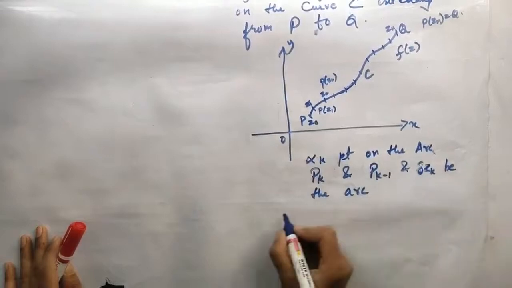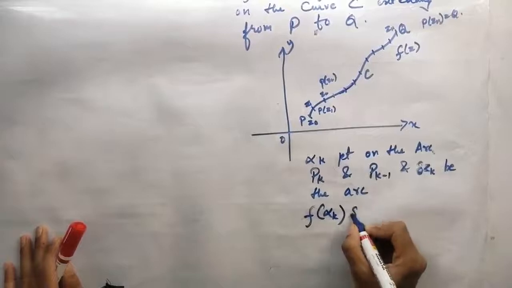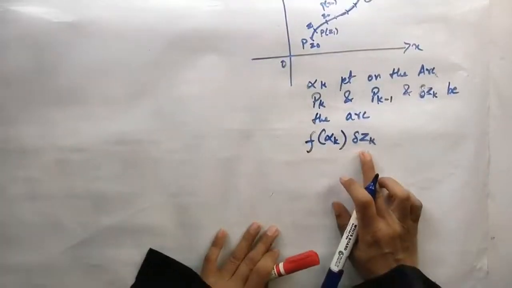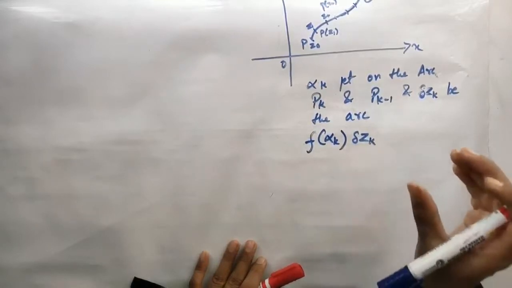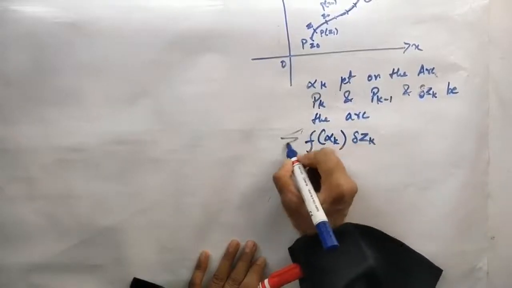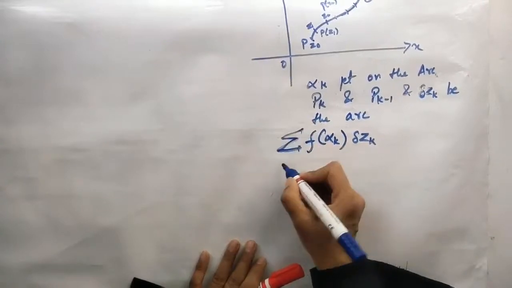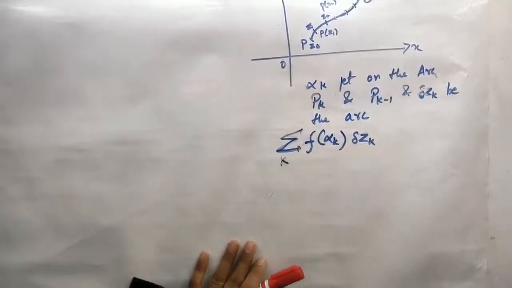Then I'll find f of alpha k, and I'll multiply it with the arc length of that arc we are considering. I'll do it for each and every arc of the curve, and I'll consider the summation of it. I'll add all of them, k going from 1 to n.